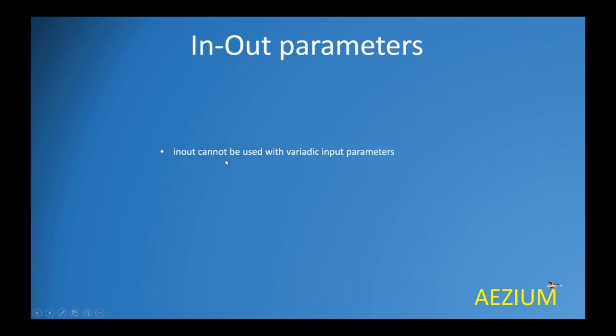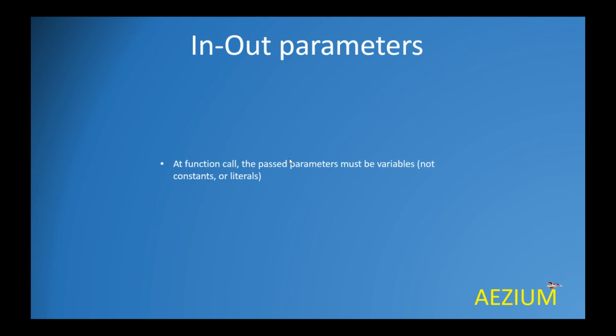Please note that in-out cannot be applied to variadic input parameters. And also note at the function call, the pass parameters have to be variables. They cannot be constants or literals. That is for the obvious reasons that constants and literals cannot be changed anyway.